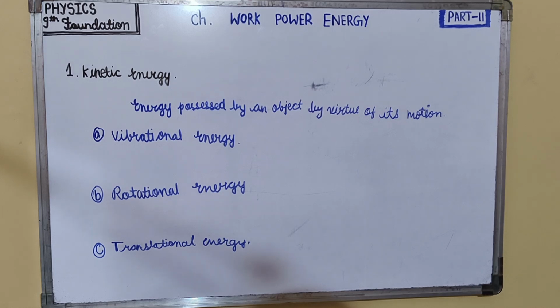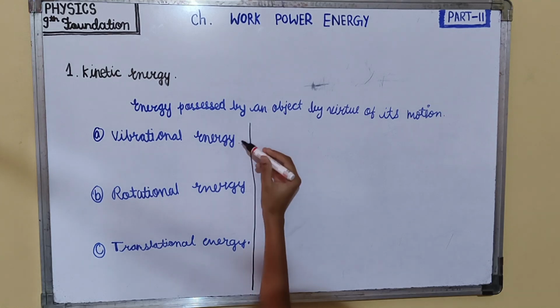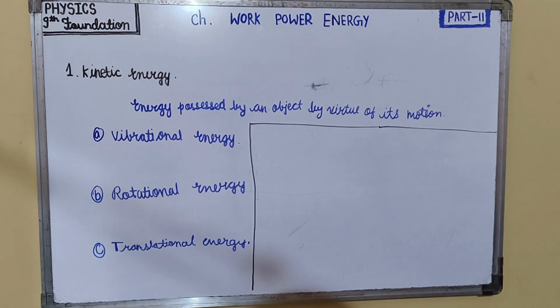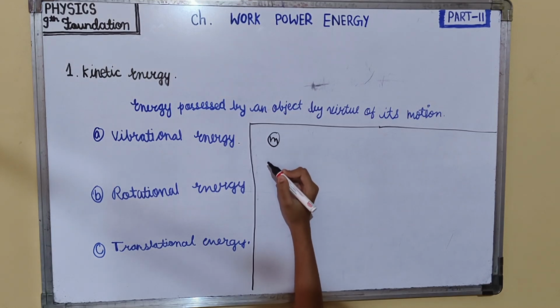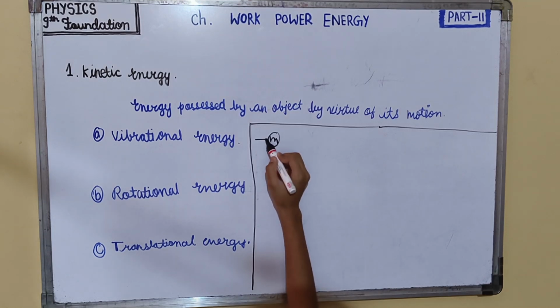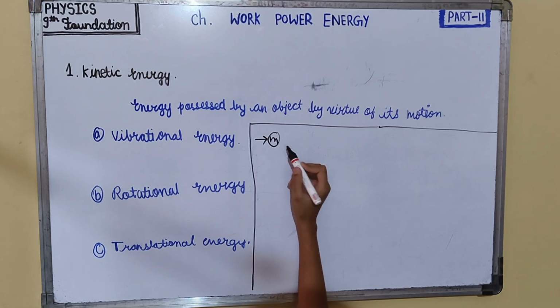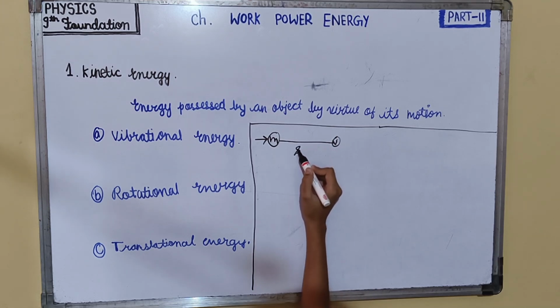Now, the mathematical expression for kinetic energy. Consider a body of mass m at rest. When a force is applied, it is set into motion and acquires the velocity v after traveling a distance of s.